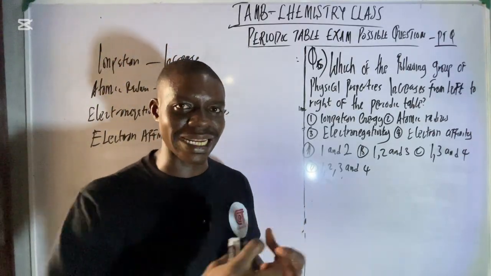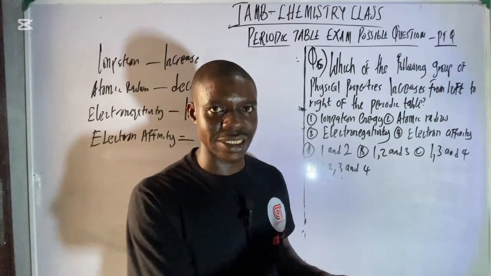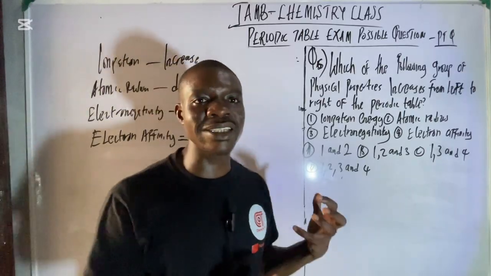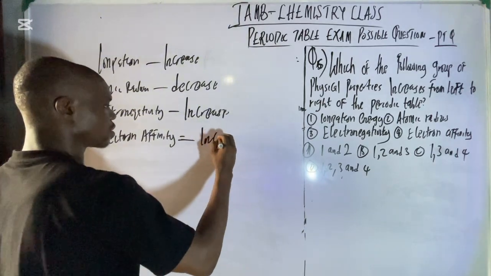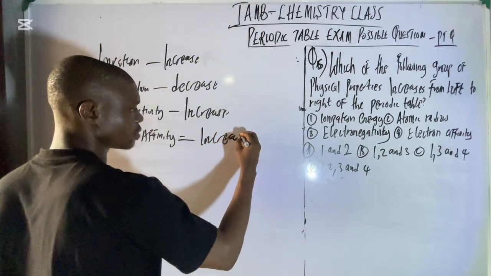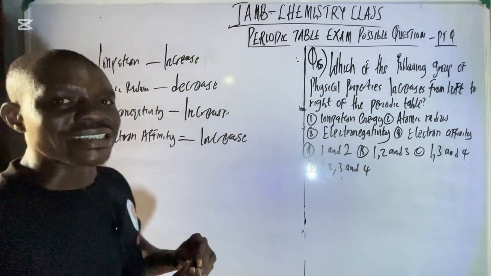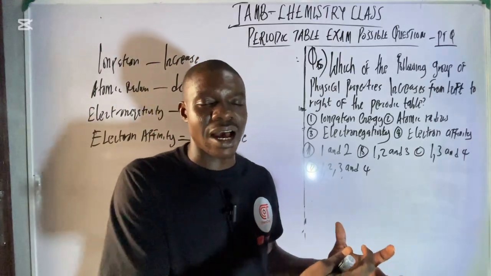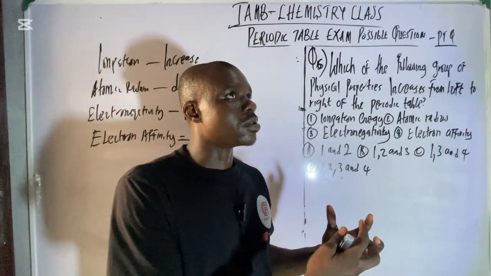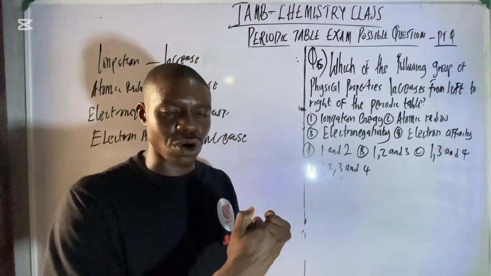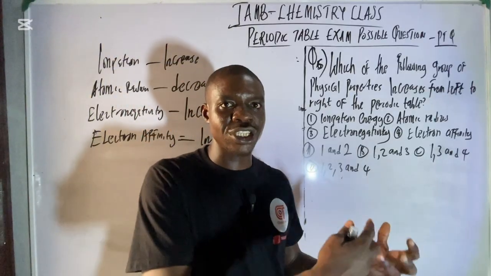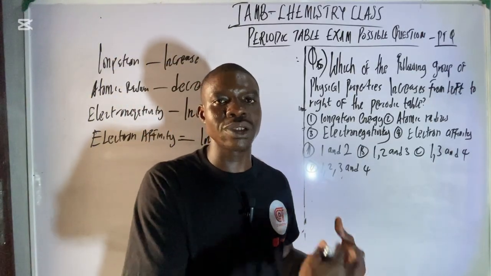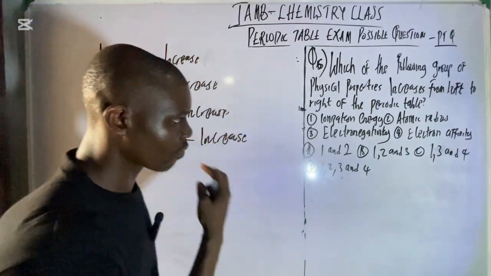The more an atom gains an electron, the more energy is released. So electron affinity increases from left to right. The easier an atom can accept or gain an electron, the more energy it is going to release. Do you understand?